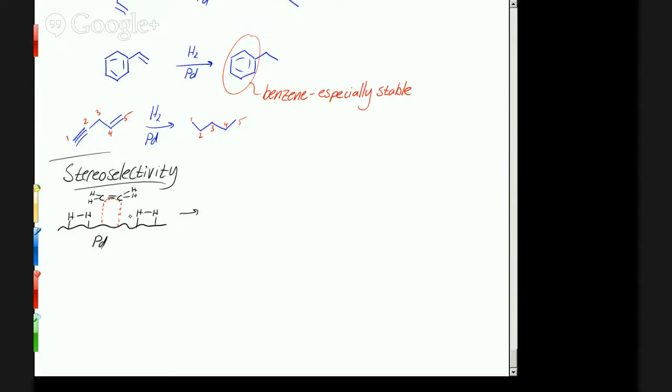This is not a common mechanism thing, by the way, so it's just a weird picture of what's happening in this particular reaction. So we have our hydrogens stuck to the palladium, and now we have this carbon also stuck to the palladium.